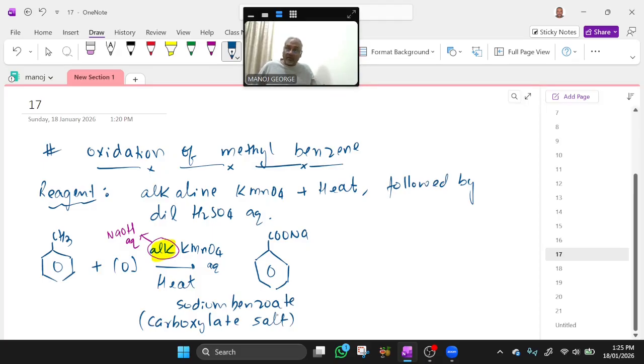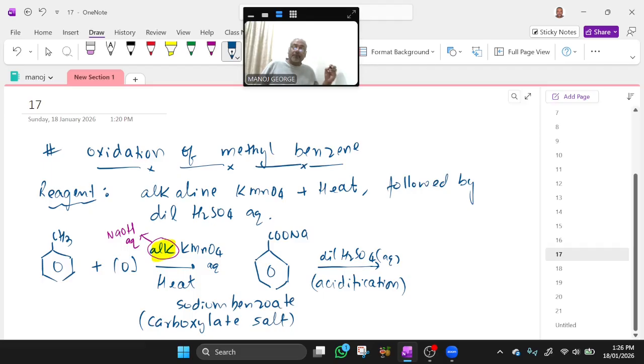Once you have the salt, which is highly soluble, you want this to happen because you want a lot of ionization. Then you add dilute H2SO4. This step is called protonation, or sometimes we call it acidification.